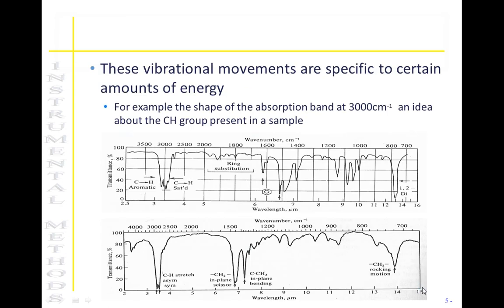However, these movements can also be classified and allow us to interpret data and identify different compounds. The vibrational movements are going to be very specific to certain amount of energy that is applied to that sample itself. So, for example, the shape of the absorption band that is around 3000 can be different depending on that chemical component that is actually present.